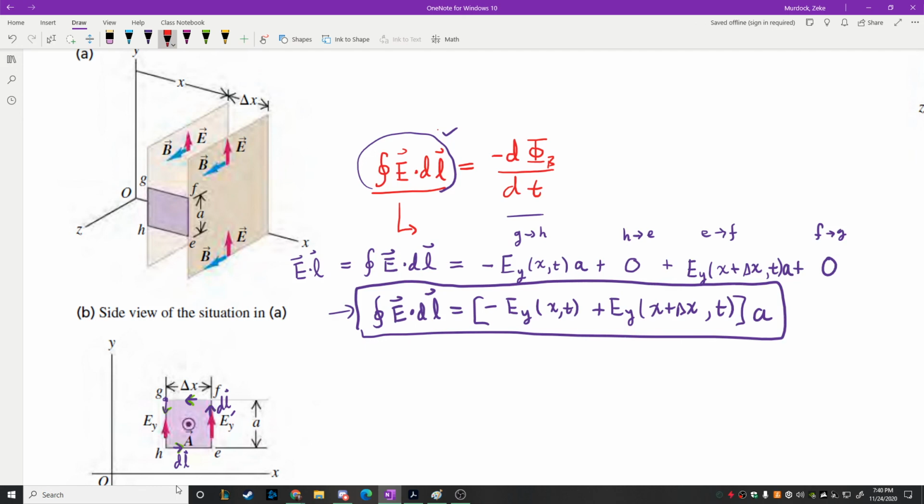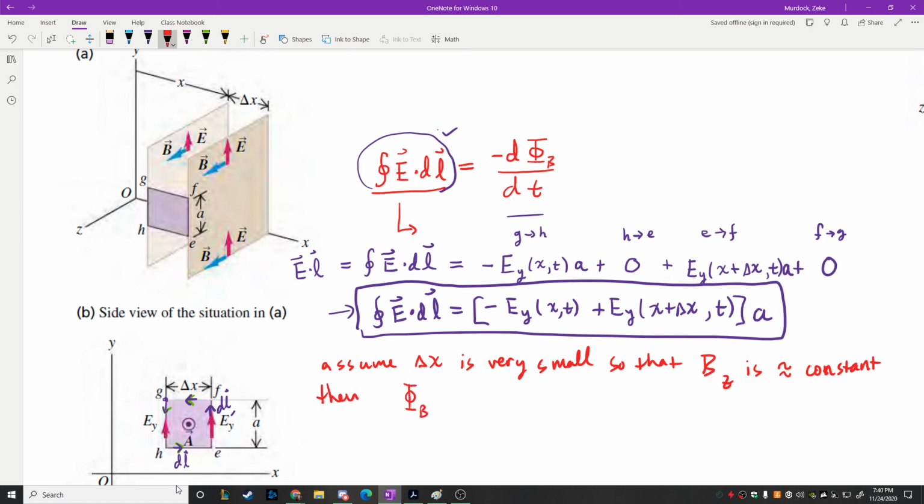For the flux, we're going to say that if we assume that delta x is really small, in such a way that the magnetic field is roughly constant, we're going to say Bz is approximately constant over this region, then we can say that the flux, phi b, is just going to be equal to the value Bz multiplied by the area of this whole thing here. And the area is a times delta x.